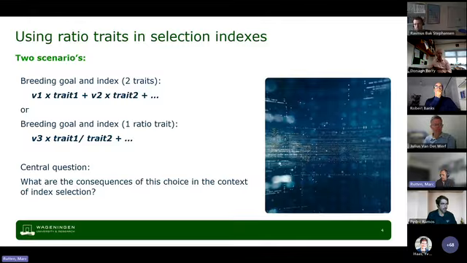Or we can have a breeding goal and index as in the second line here, as one trait defined as trait 1 divided by trait 2, and probably the economic value, or the weight, will be different, right? So we have three values here for the breeding goal and index with 2 traits. We have value 1 and 2, and then for the other one we have value 3. And in this context, the central question is, what are the consequences of these choices in the context of index selection?